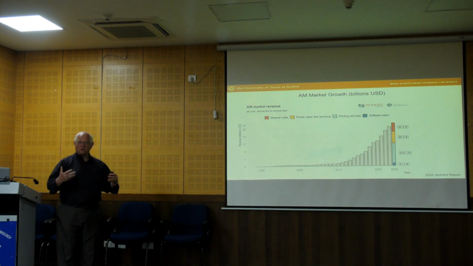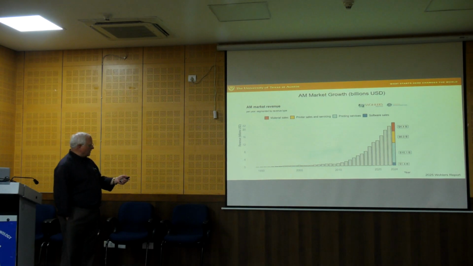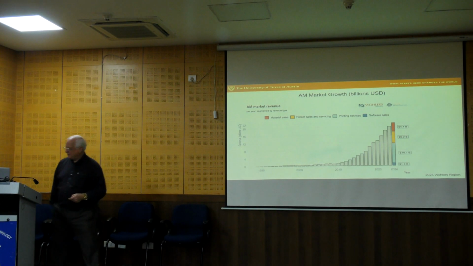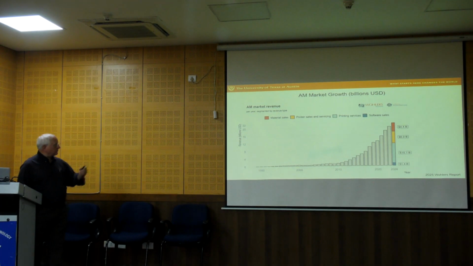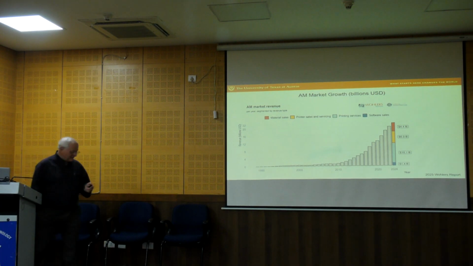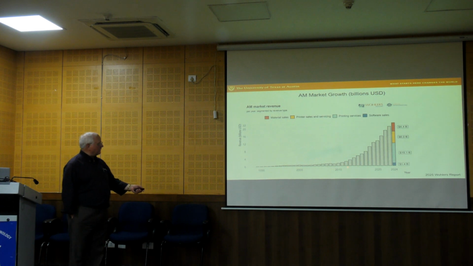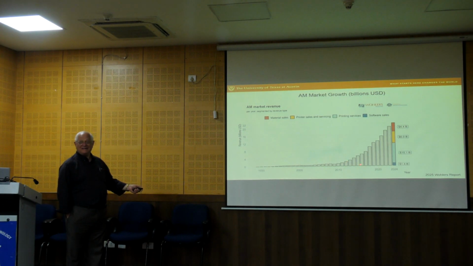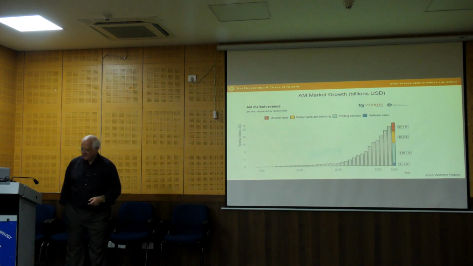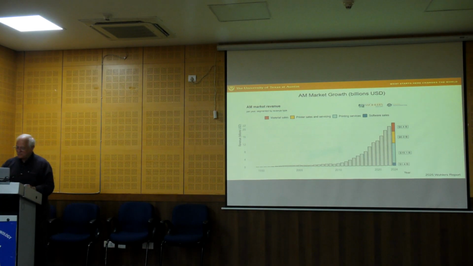So the value of parts made was about $10 billion. The value of fabricators sold to make parts was about $6 billion. Feedstock sales about $4 billion. So that's where we are. You can see that the growth is fairly rapid since 2010. And I would note again, Obama's State of the Union addresses were right here. So I would certainly give him credit for at least part of this rise.